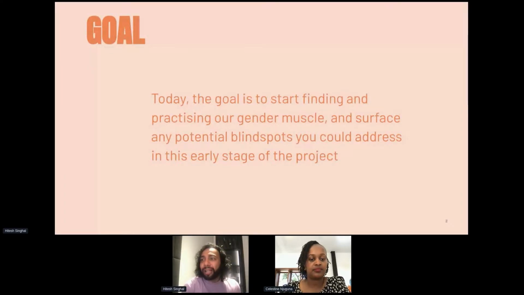So how do we start actually being more aware of how gender shows up in design, in our own personal experience? How are we bringing that to the table, and how are we designing that actively? Practicing that over time starts to strengthen the muscle, as you do in workouts at the gym. So that's why we're calling it a gender muscle.